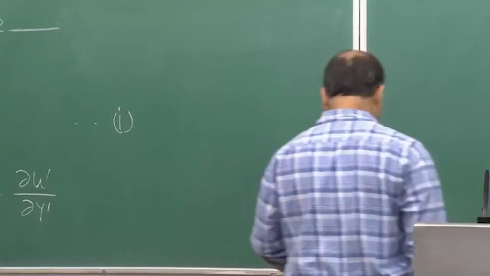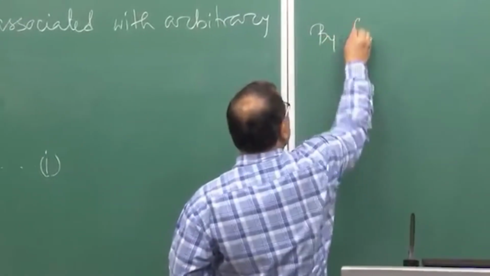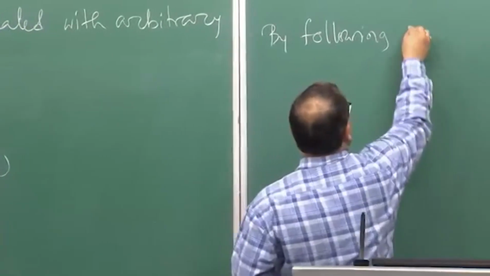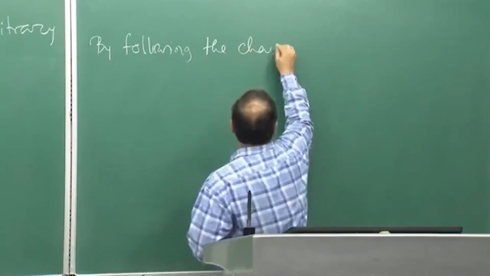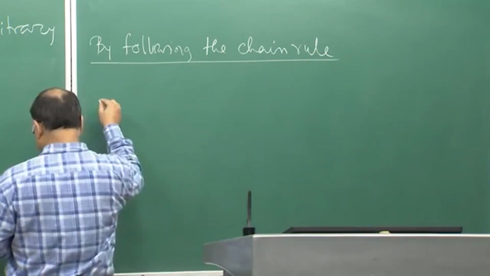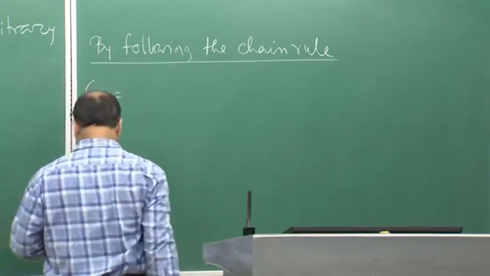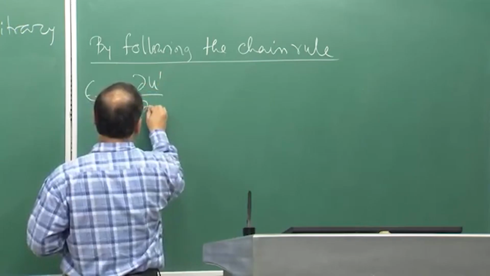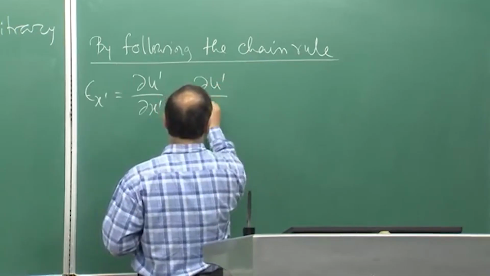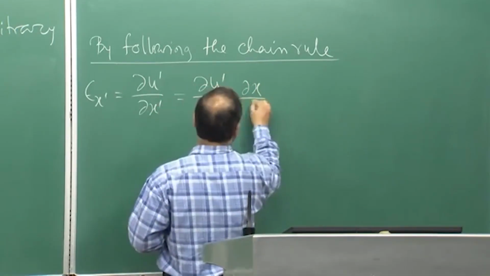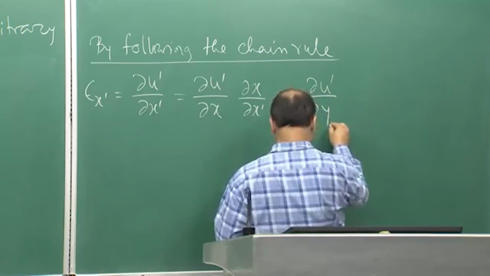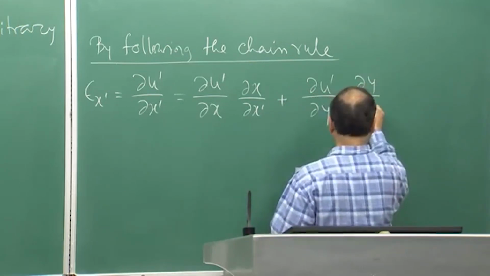Now, by following the chain rule of mathematics, I can simply write epsilon x prime equal to del u prime del x prime, that is given, which is equal to del u prime del x times del x del x prime plus del u prime del y times del y del x prime.